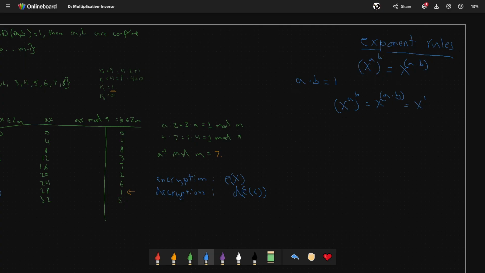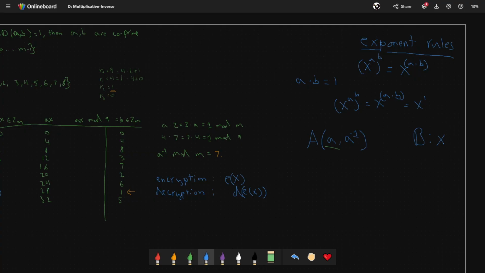So why is that important? Imagine that we have two people who want to send a message to each other over the internet. We have Alice and Bob, A and B. Alice has a value a, and she's computed the multiplicative inverse of a, and Bob has a message x. Alice has made the value a public, meaning that other people on the internet can see it.